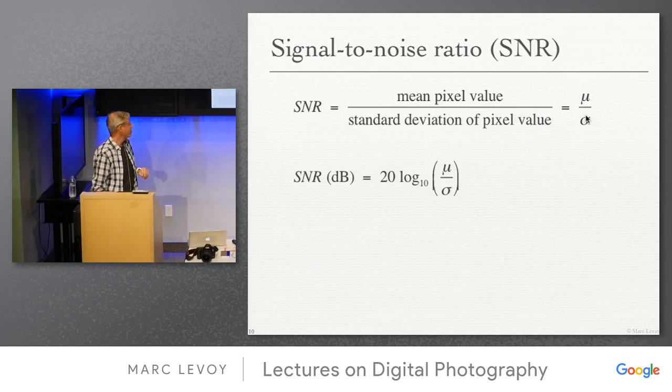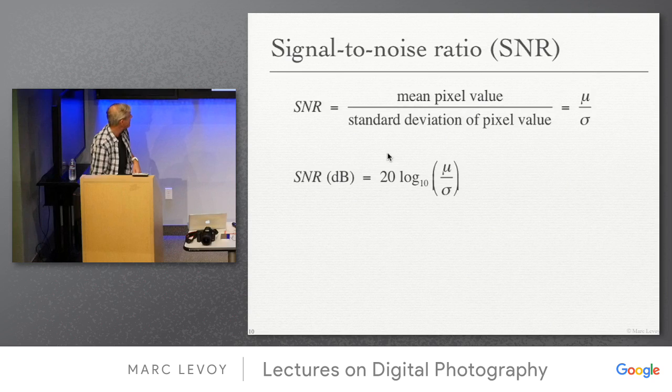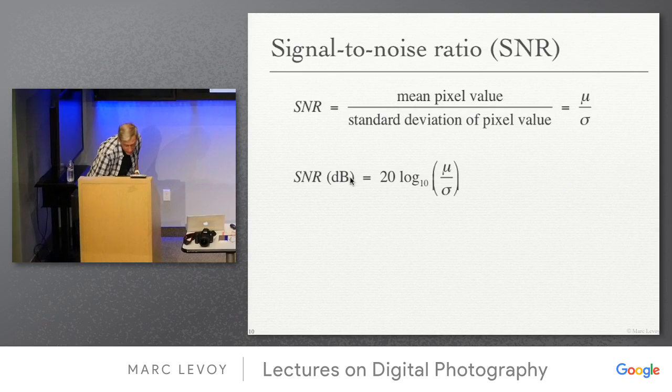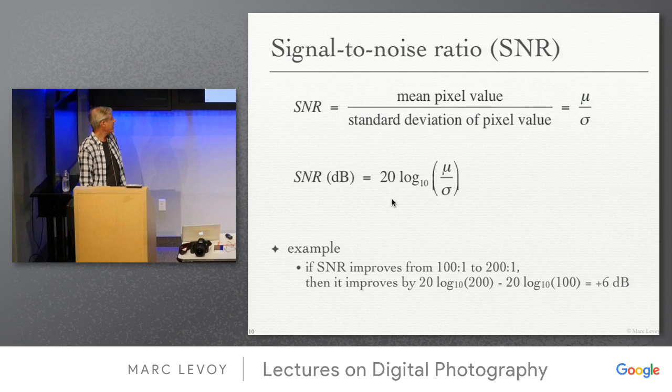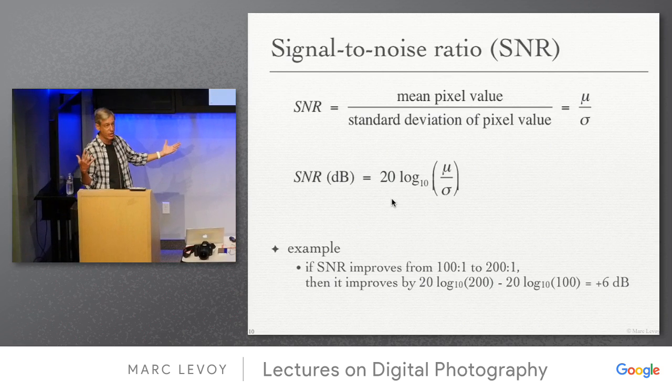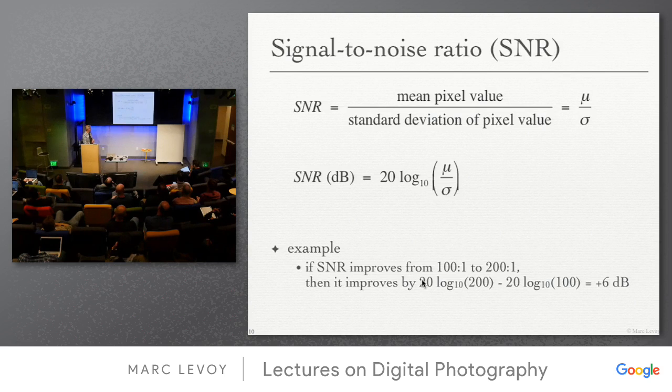And it's typically measured using a logarithmic scale. So 20 log 10 of mu over sigma. And this is in decibels. And so here's an example. If we increase the signal-to-noise ratio from 100 to 1 to 200 to 1 somehow, then it improves by 20 log 10 of 200 minus 20 log 10 of 100, which is 6 decibels.